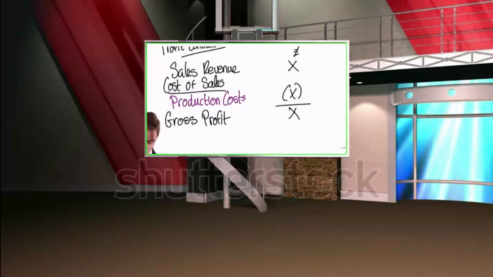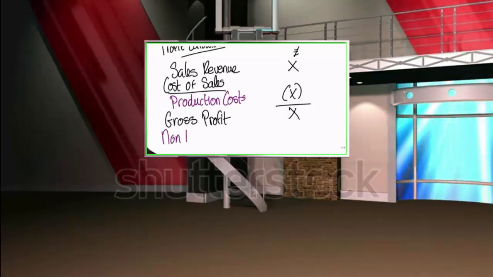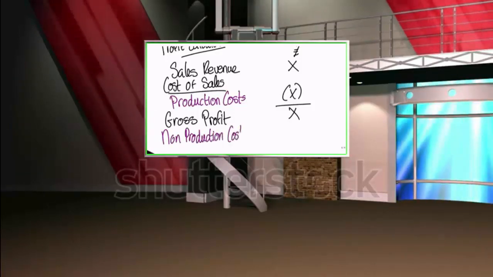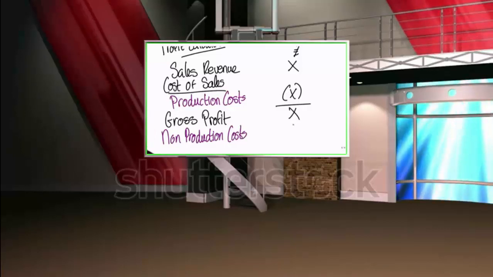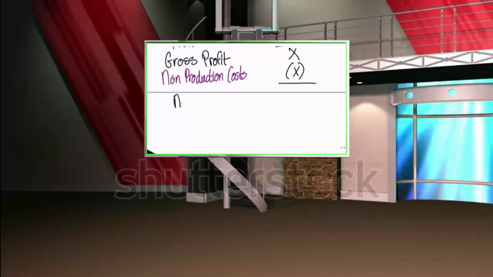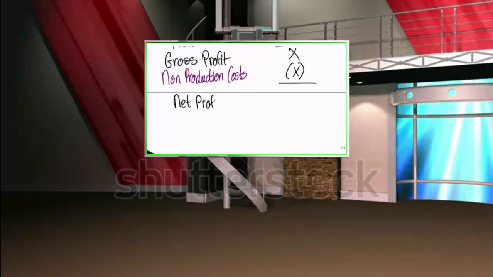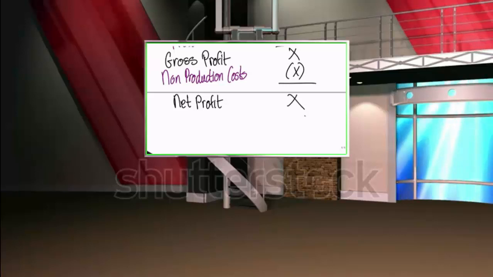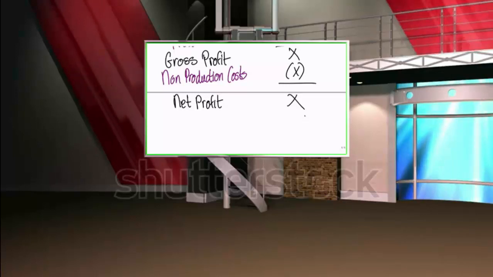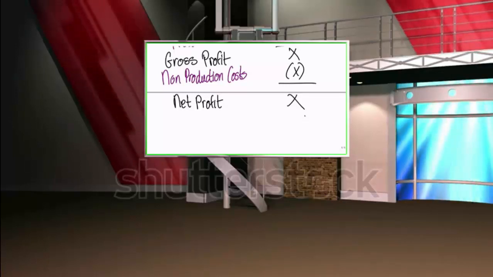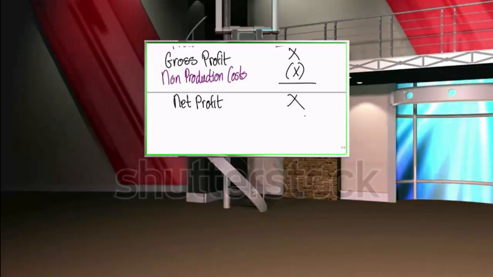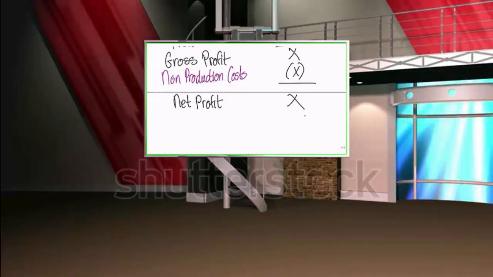Once we've calculated gross profit, then non-production costs are subtracted to calculate net profit. Now, you may have seen profit calculations already in F3 and the terminology might have been a bit different. Regardless of the different terminology, this is how our production, non-production cost information is used.